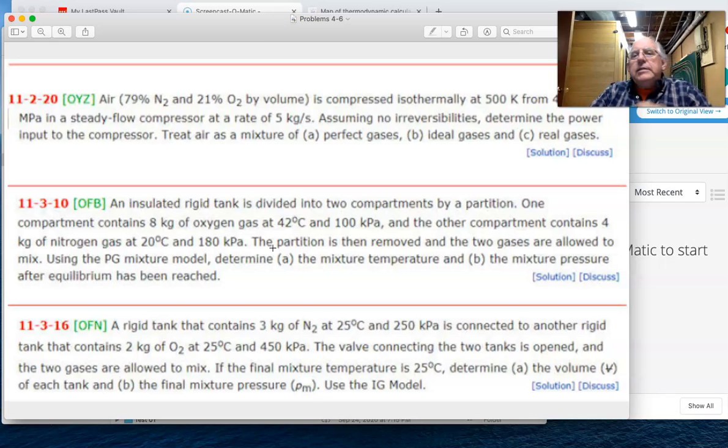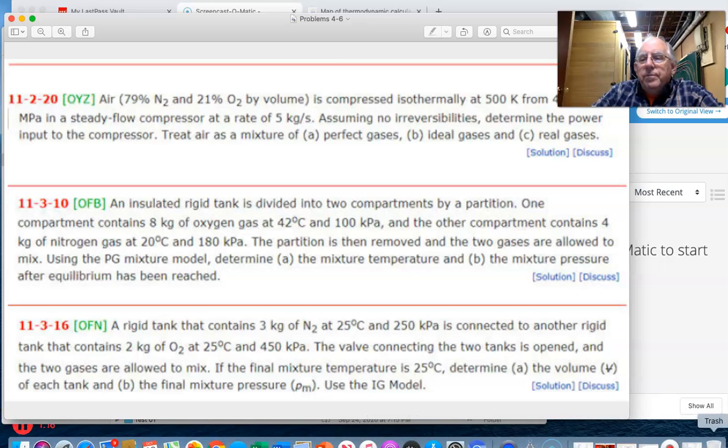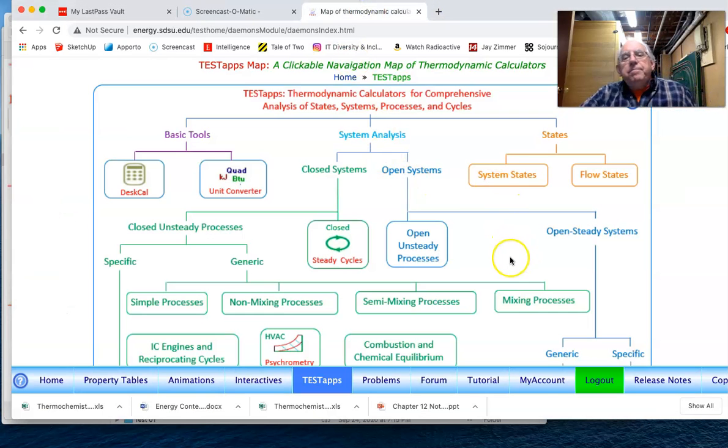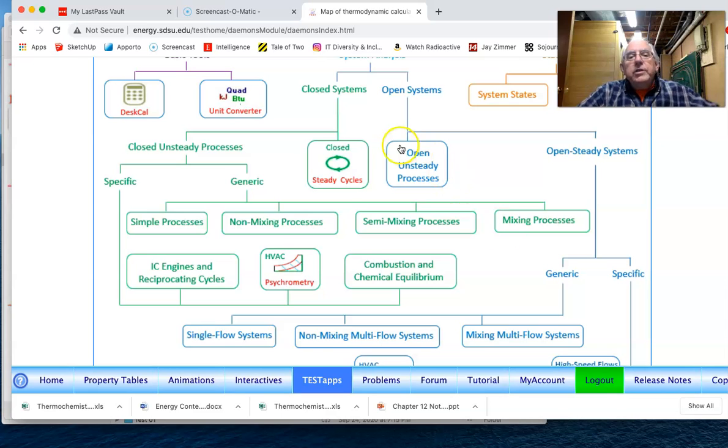And so this is a binary mixture problem. If I were to go to our test app, or our thermal fluids, it is a closed system, but it is a mixing process.